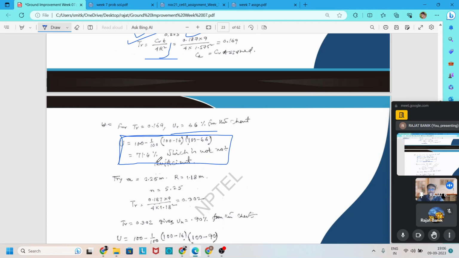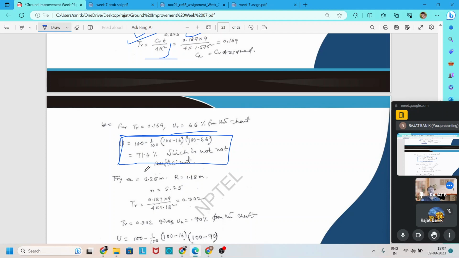After that, we find that the combined consolidation is equal to 71.4%, which is not sufficient because we need 90% degree of consolidation. For 3 meter spacing, the combined degree of consolidation is about 71.4%.